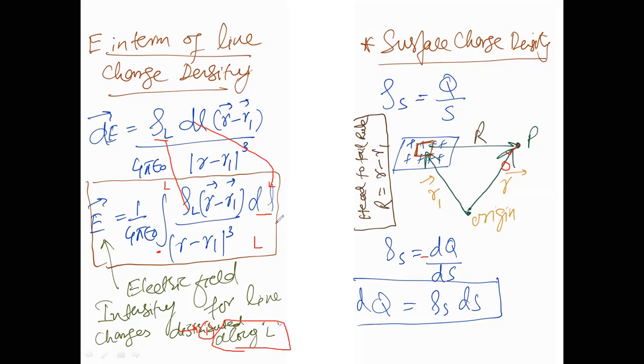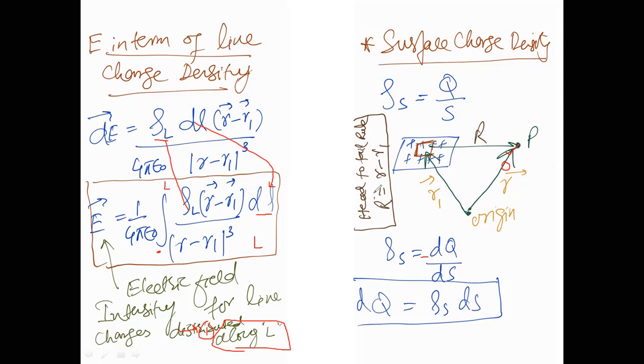Similar is the case with the surface charges. We have surface charge density, mathematically rho s is equal to q over s. Taking a small surface as we have taken in the line charges, r is the position vector from the source charge to the test charge. Again we have considered that the source charges are apart from r1, while the test charge is apart from the distance r.